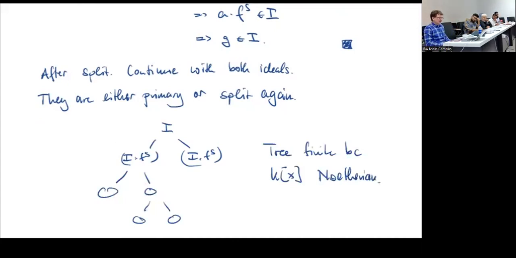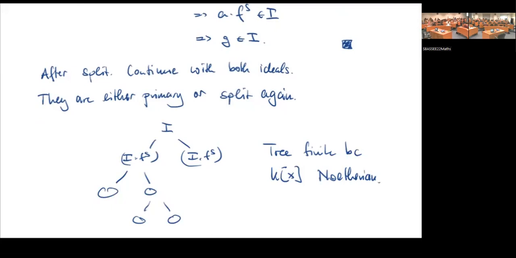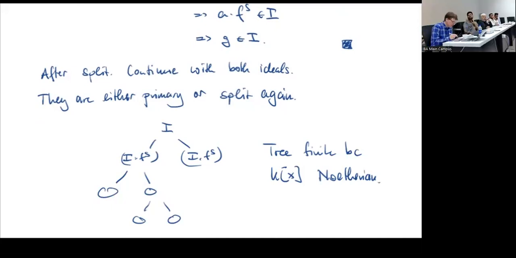Okay, now here's the next question. If I now tell you, yes, please. So when we split, we will get these both ideals. So for the further splitting, we will use the same idea. Yes, you would find a g.